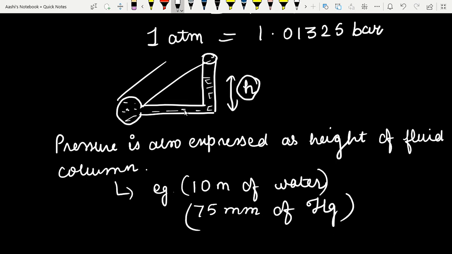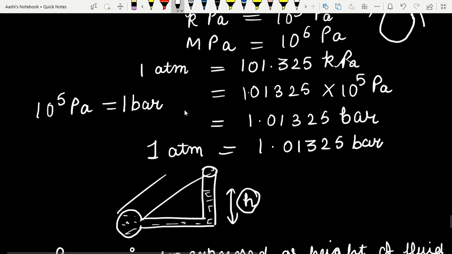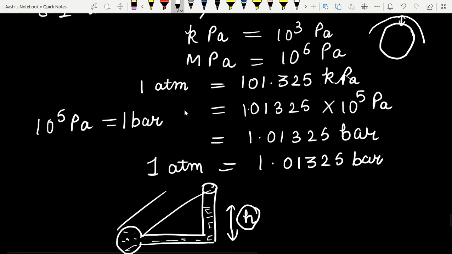So what I am trying to say is there are different sets of units for pressure. Depending on the case, for example when the pressure is low, I can use a smaller unit, but usually pascal is a very small unit, so in that case I go for higher units, for example in terms of atm, in terms of bar.